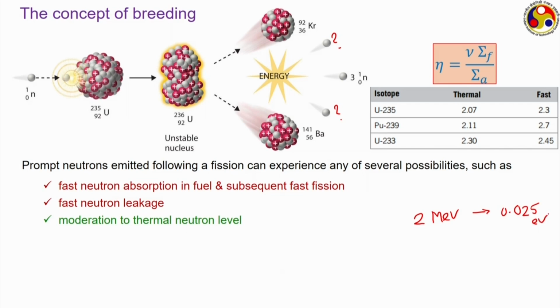That is a huge change in energy, and by knowing the mass number of the moderator nucleus, we can calculate the average number of collisions required to get this conversion done to the thermal neutron level.